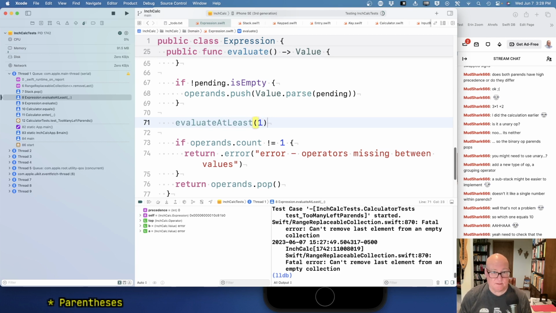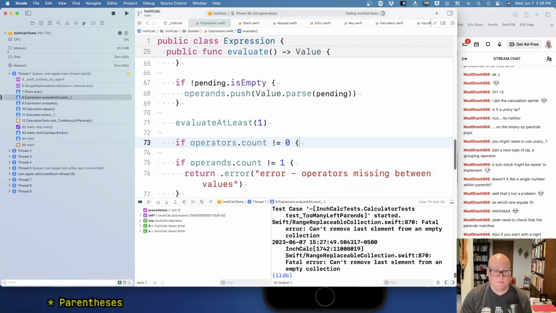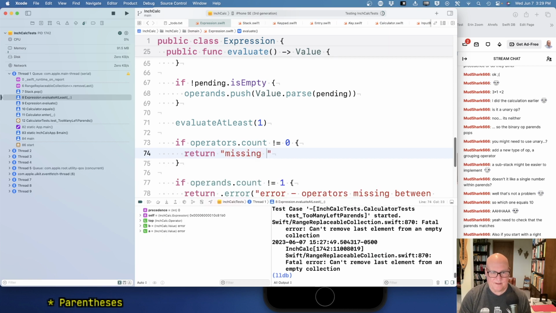Yeah, I think this should be 1, and if operators.count is not equal 0, then there's an error. Yeah, it definitely should be an error to start with the right paren. I think that one I expect to crash on the pop because that's doing its thing. But let's return missing right paren. Is that the place that would happen?